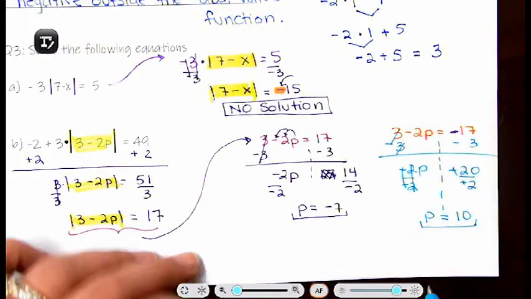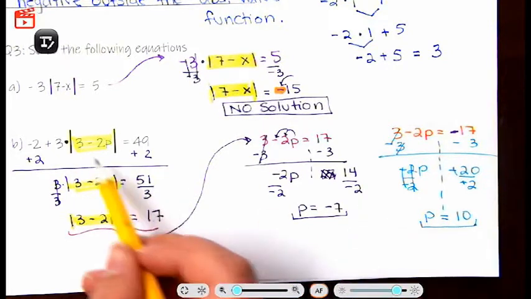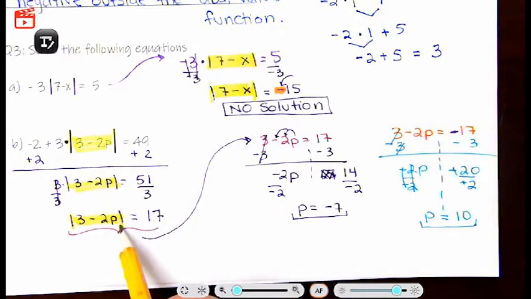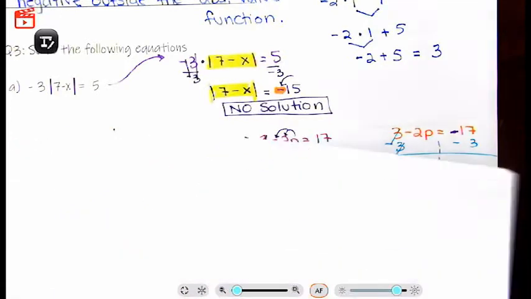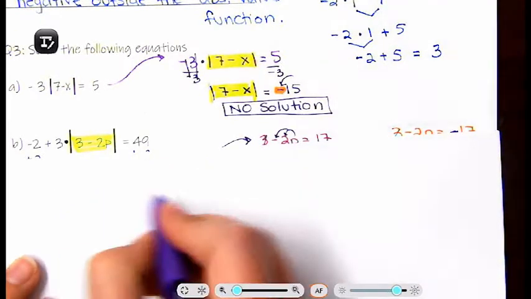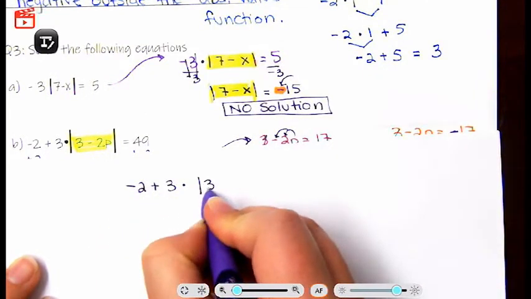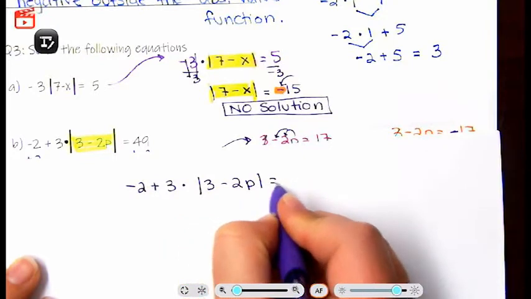Now, how do we check? Well, we check by plugging these values into the original equation, not this one. So let's do that here. Our original equation was negative 2 plus 3 times the absolute value of 3 minus 2p equal to 49.